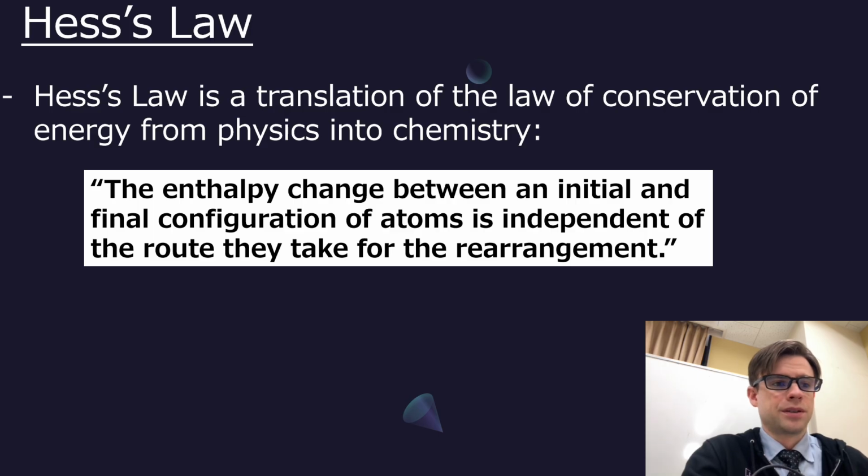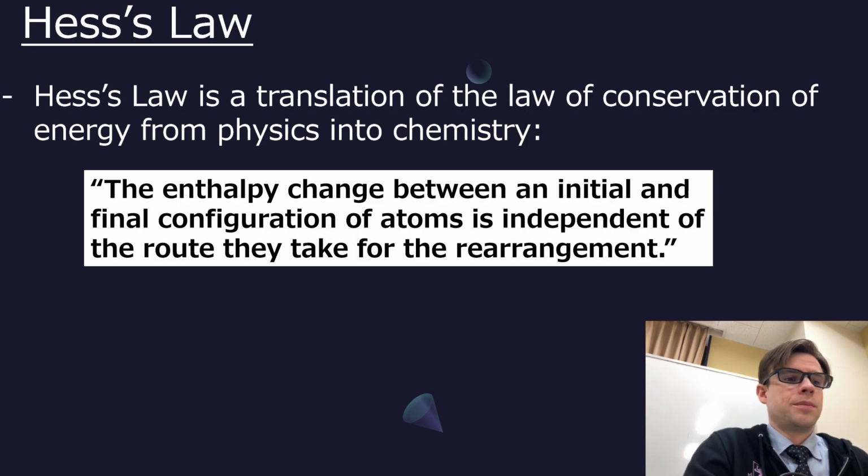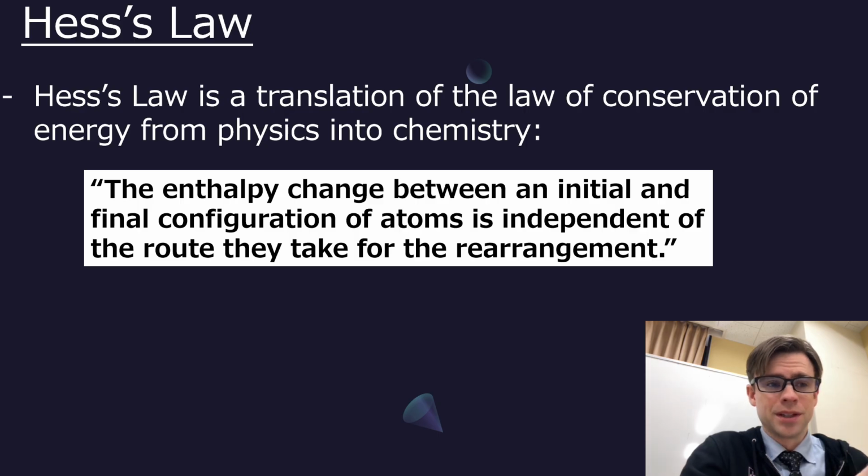So I did explain this a little in my general video on thermodynamics a couple weeks ago, but basically, we can rearrange atoms and go through many different arrangements, but different arrangements, once they are complete, have a certain energy, right? They exist on a potential energy scale.